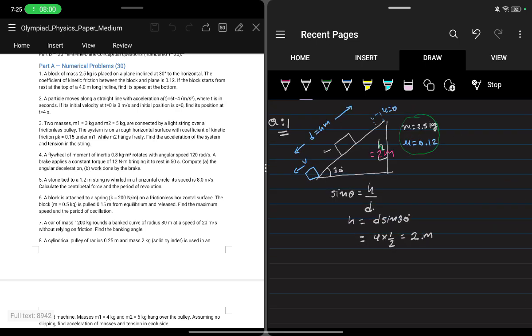Initially it had only potential energy, that was mgh, and at the bottom its energy is totally kinetic, that means it is half mv square. We can cancel out these masses. So v comes out to be under root 2gh, right?